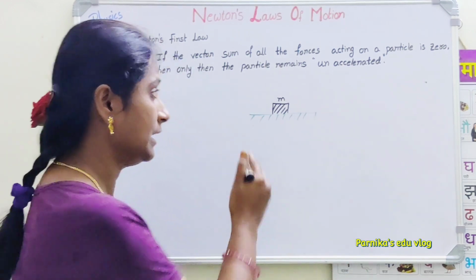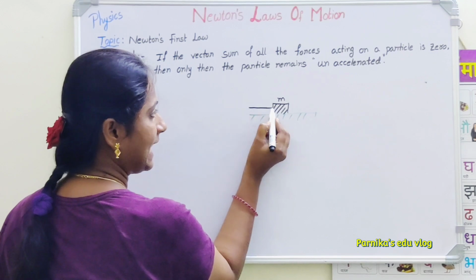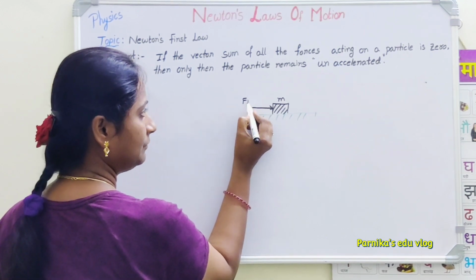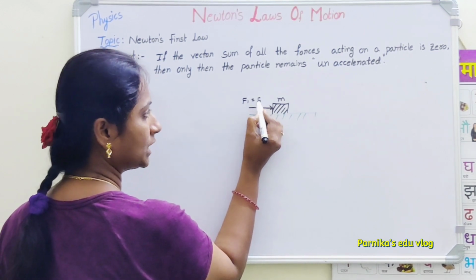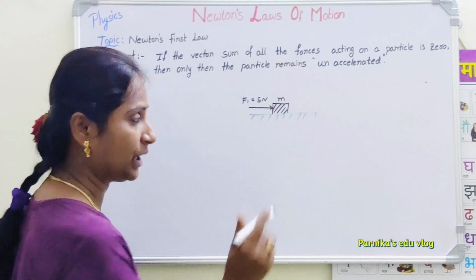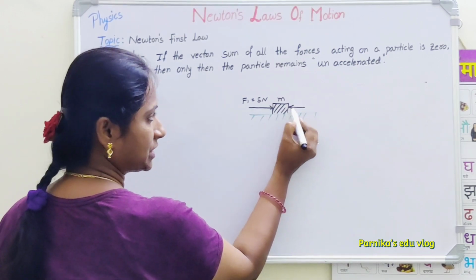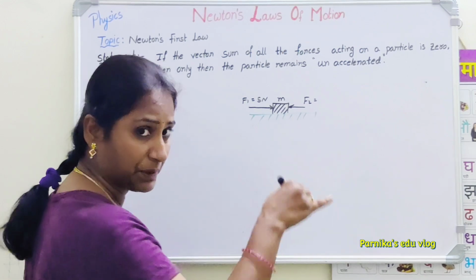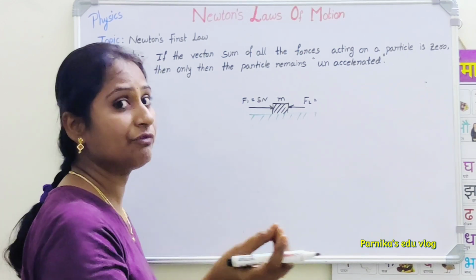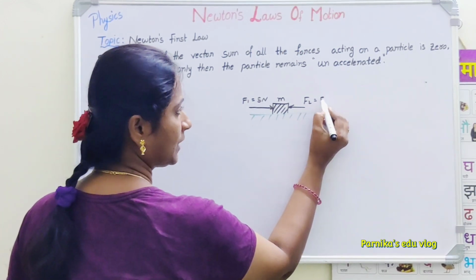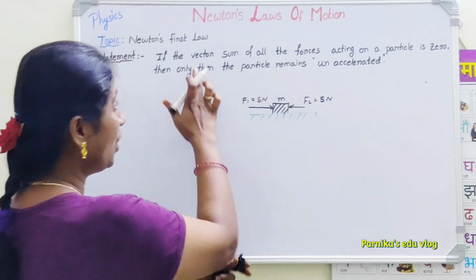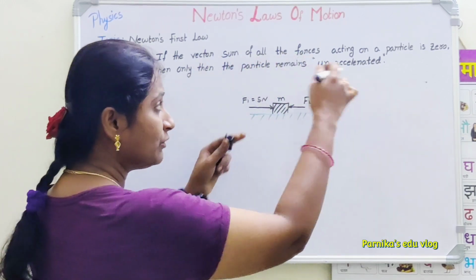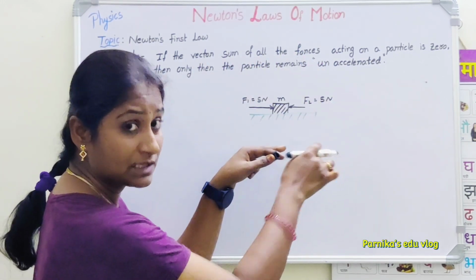See, one force is acting like this, F1 is equal to 5 Newton. From the other side, another force F2 is applied, whose value is 5 Newton. So what is the vector sum of all the forces acting on this block?